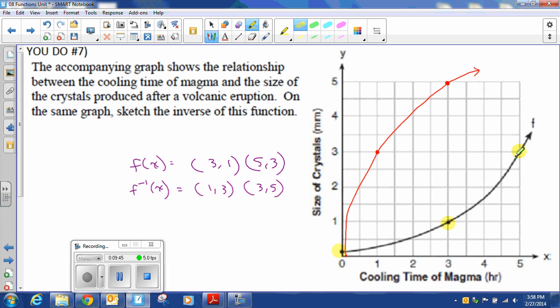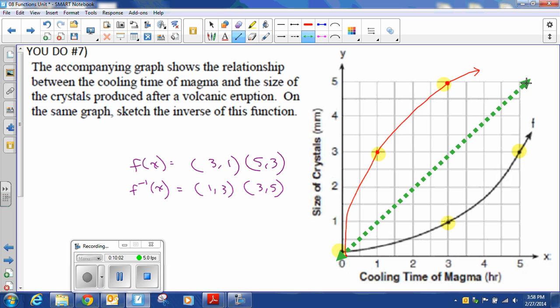This is 5, 3. So I know the inverse function is 1, 3, 3, 5, which I graphed here and here. So we connect them with a curved line, much like this one, except opposite. So as you can see, this would be the line of symmetry, also known as the line of reflection.